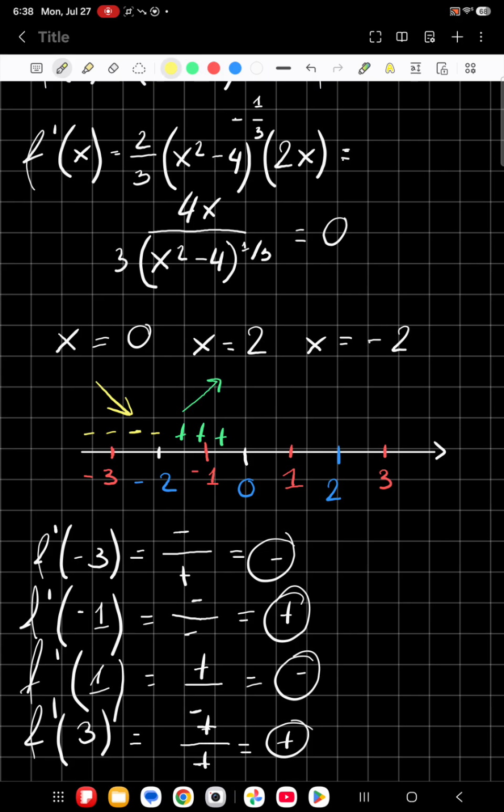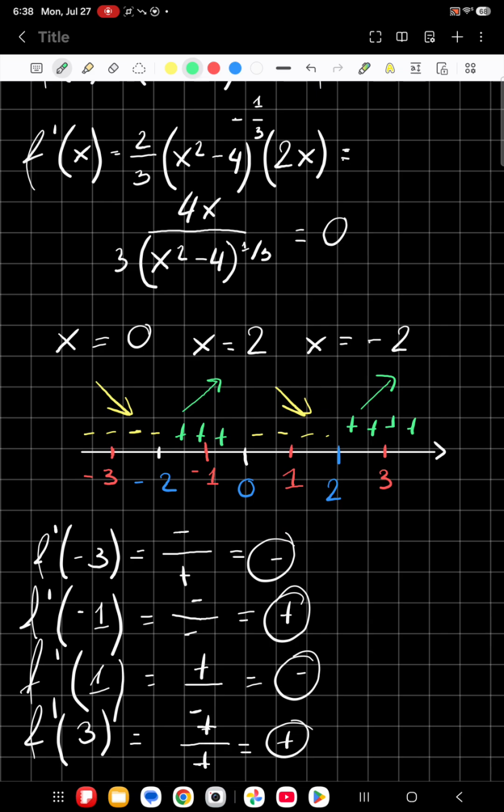The next interval, I was checking for 1, and that was negative. And then the last interval was again positive, so plus.